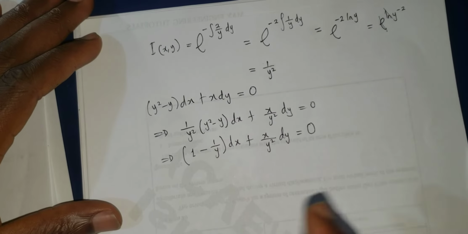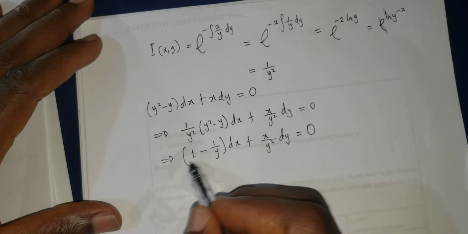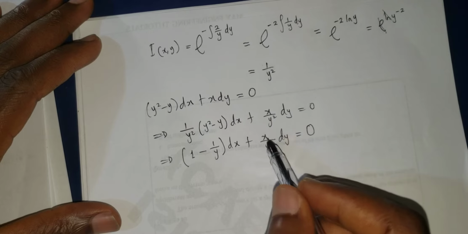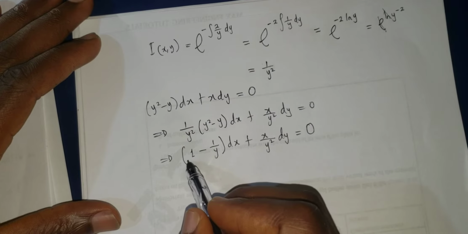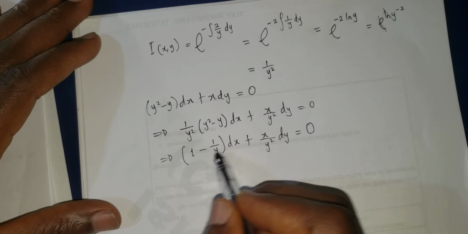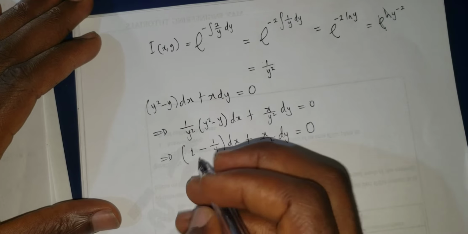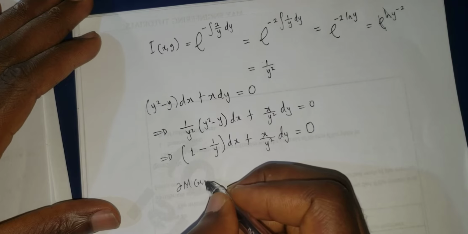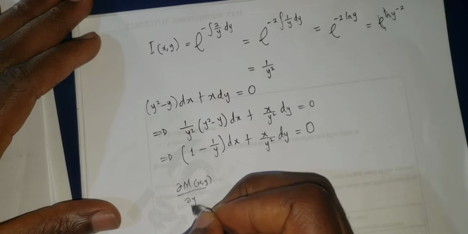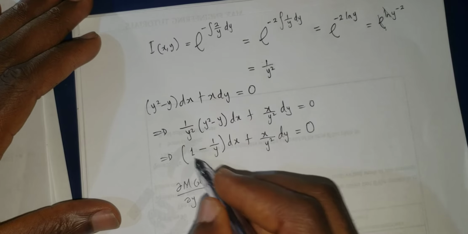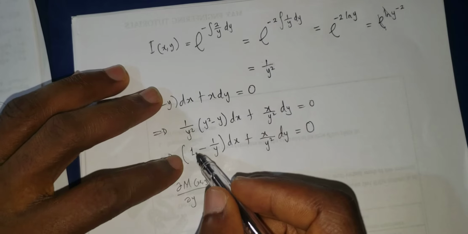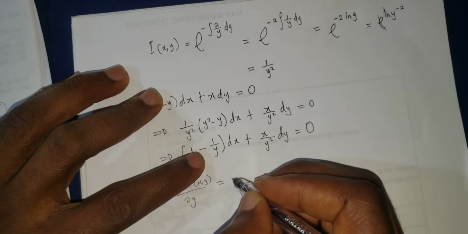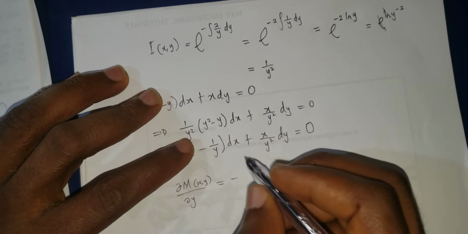So is this exact? Let's check. This is going to be our new M of x comma y. This is going to be our new N of x comma y. So if I differentiate this partially with respect to y, what is it going to give me? Now our del M of x comma y over del y will be the derivative of this partially with respect to y. This will be 0, then this will be minus of whatever we get now.